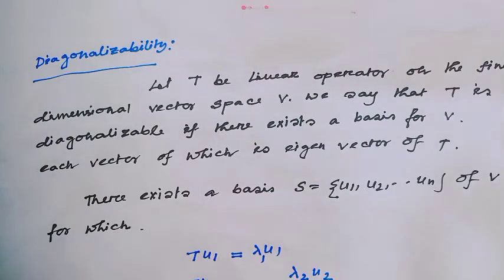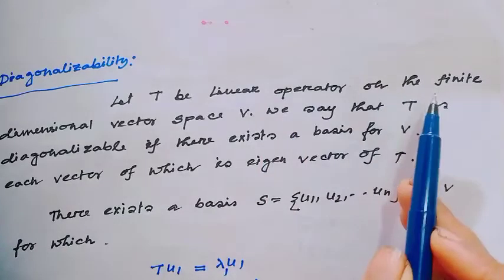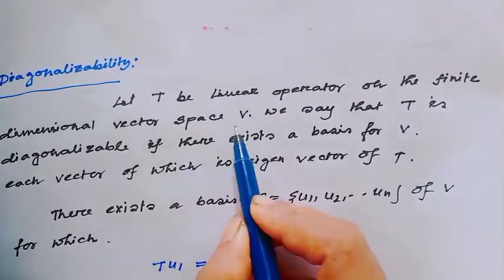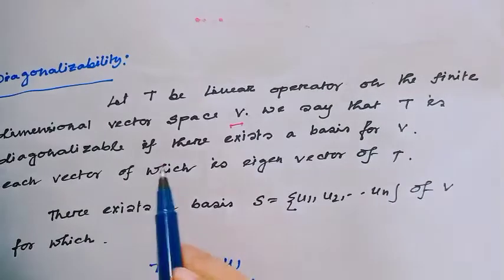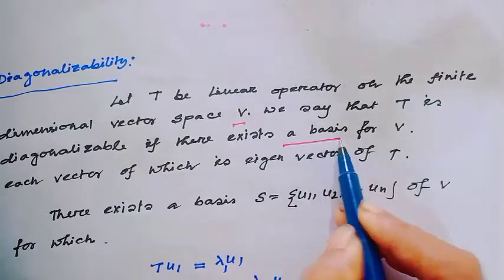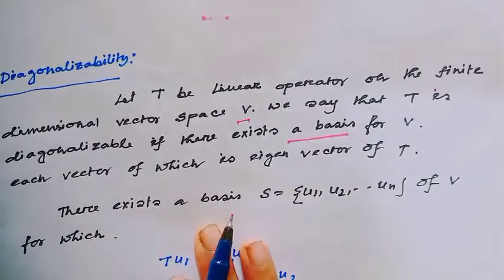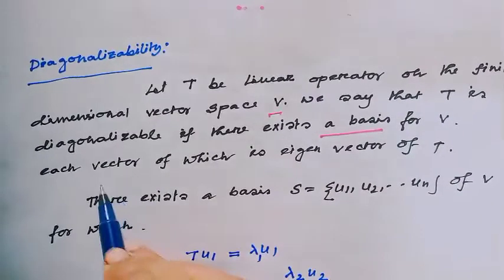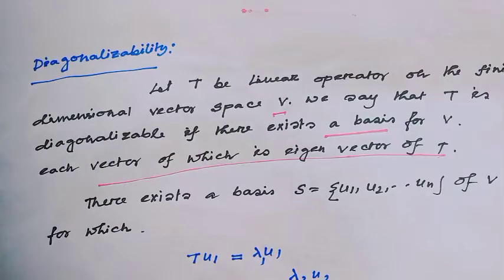The idea of diagonalizability is this: let T be a linear operator on the finite dimensional vector space V. Then we say that T is diagonalizable if there exists a basis for the vector space V such that each vector of it is an eigenvector of this linear operator.